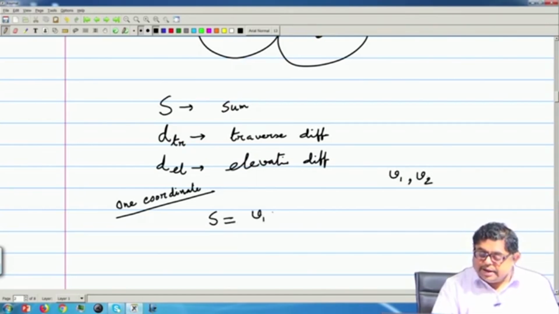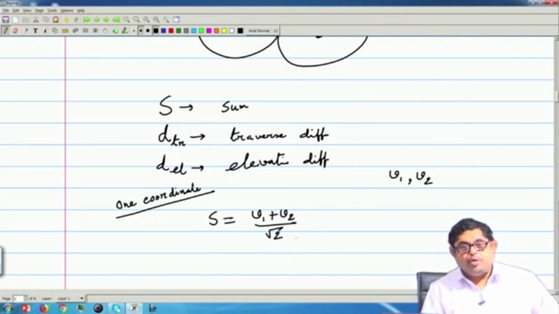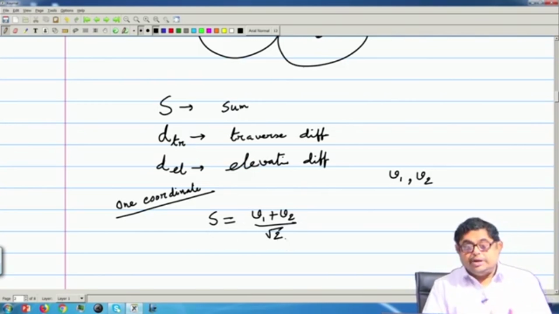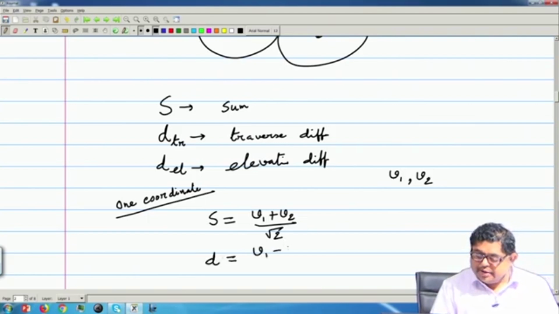S we can write as V1 plus V2 by root 2. You see why we are writing root 2, because it is a voltage addition. So, root 2. We are assuming all these additions, the RF circuitry, are lossless. So, power balance is there, and what is the difference? The difference is V1 minus V2 by root 2.